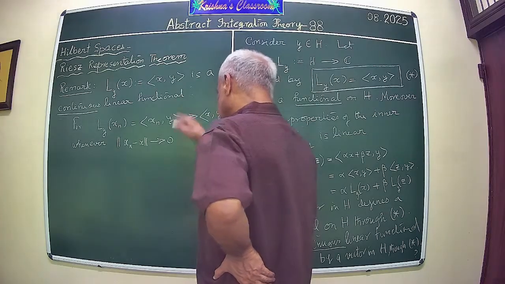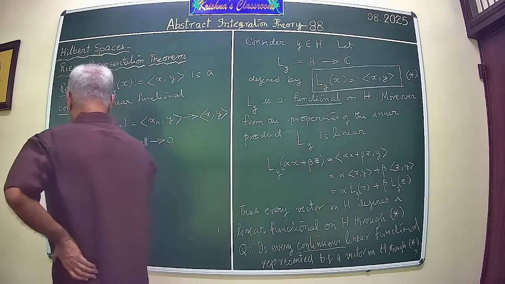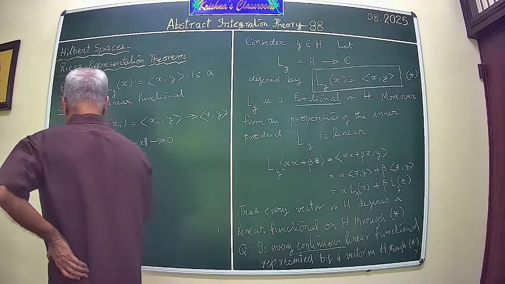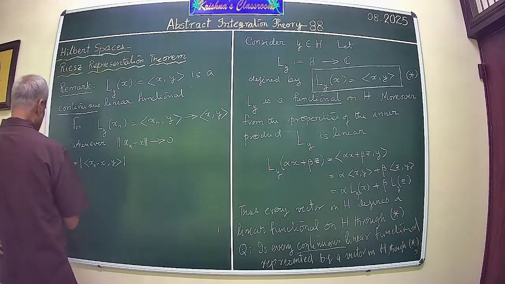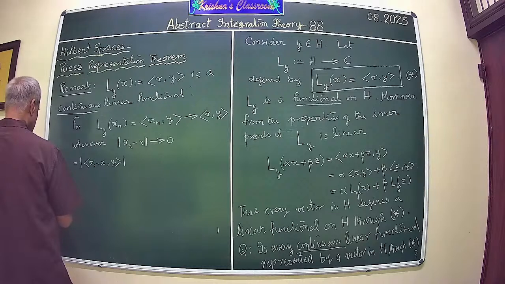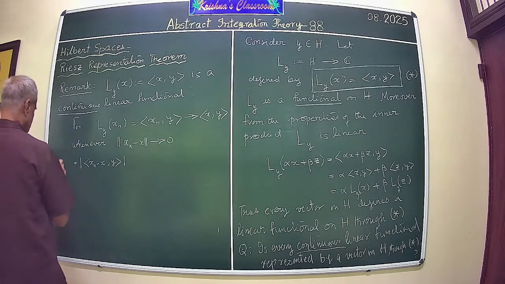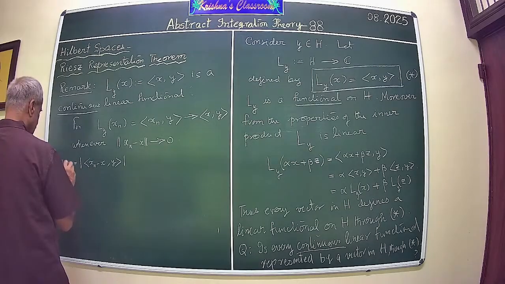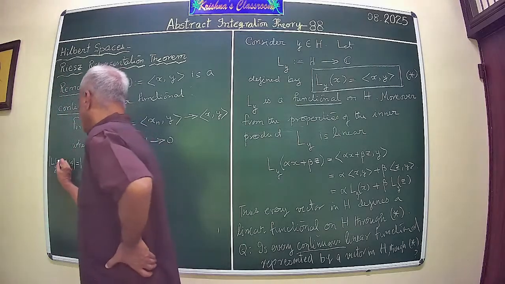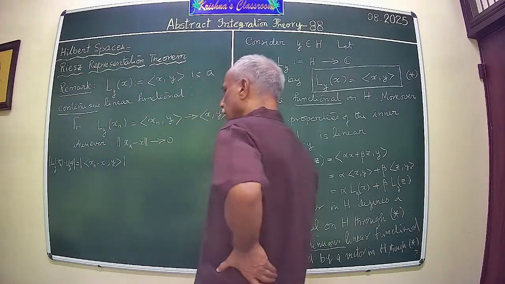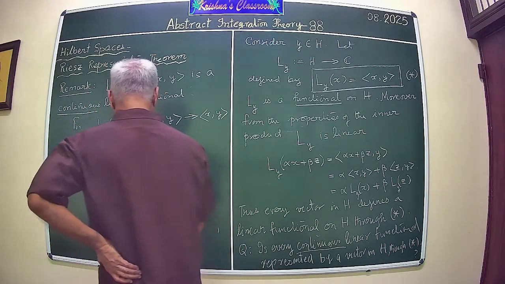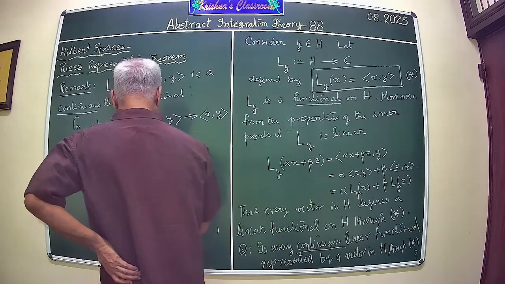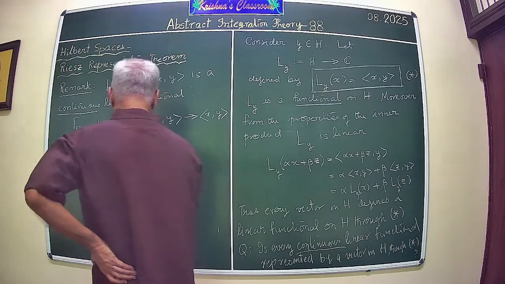And you see that this can be estimated, and this is less than or equal to, by the Schwarz inequality, the norm of xn minus x times the norm of y, which goes to 0.